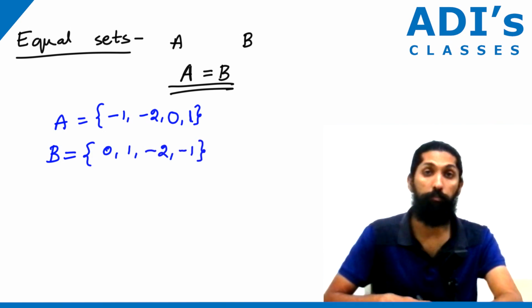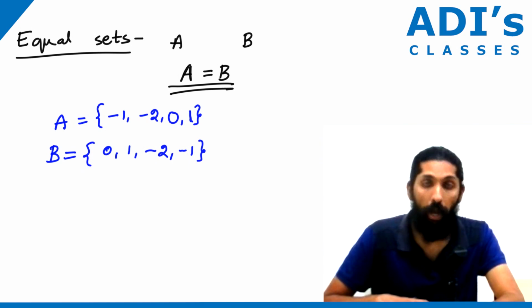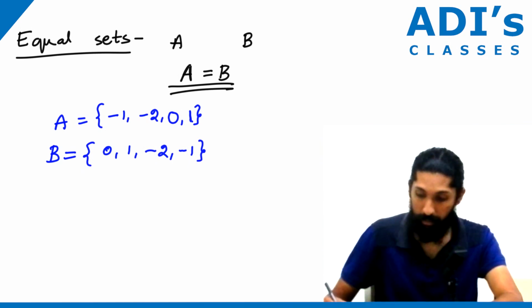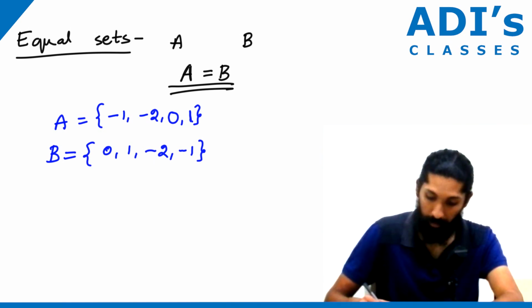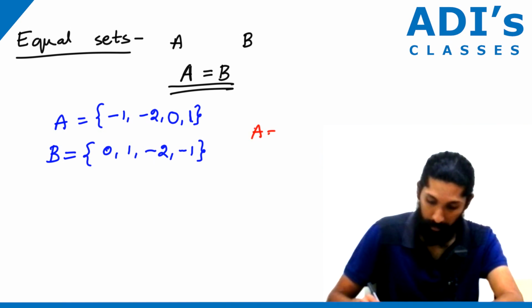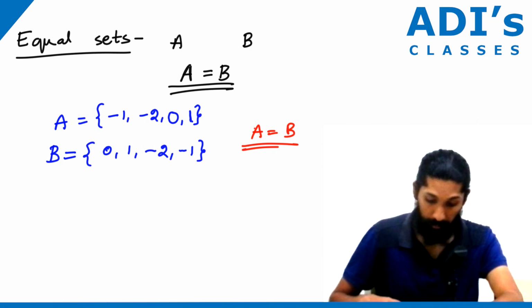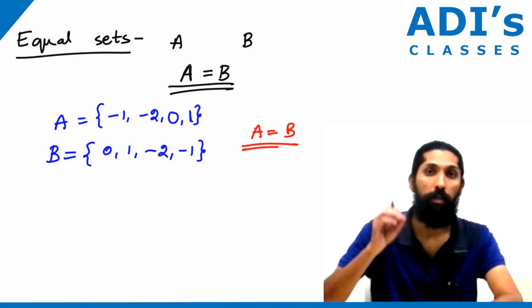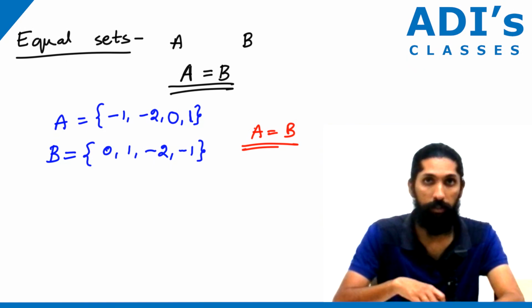Both sets have the same elements and the same number of elements. So set A is equal to set B. These are what we call equal sets.